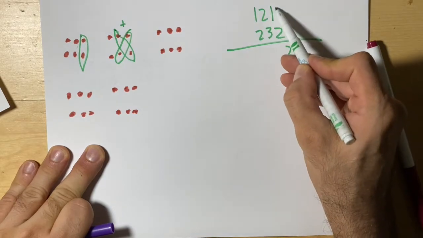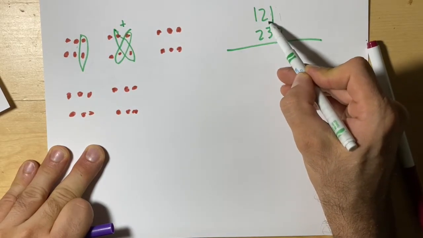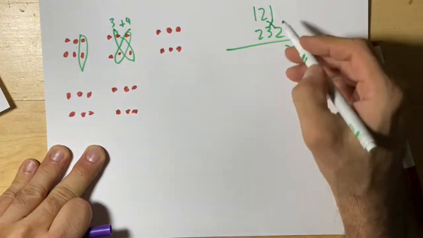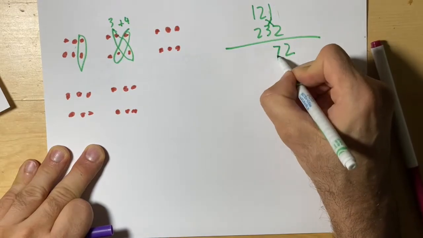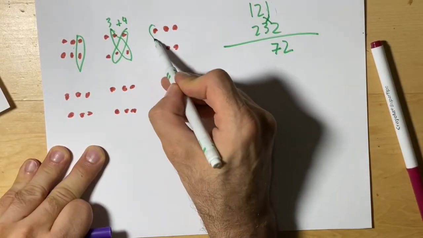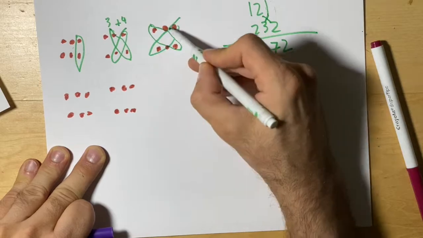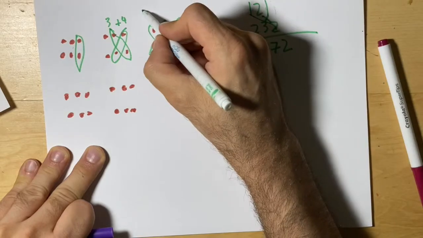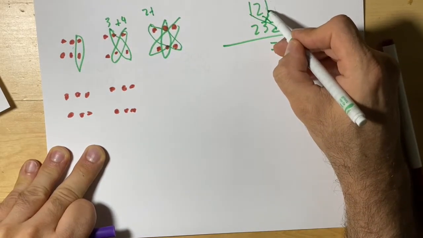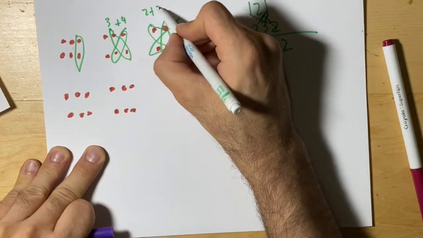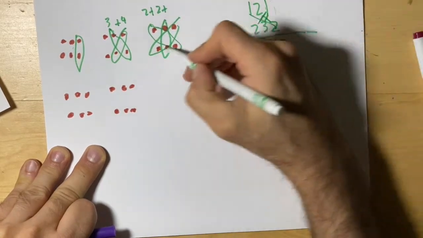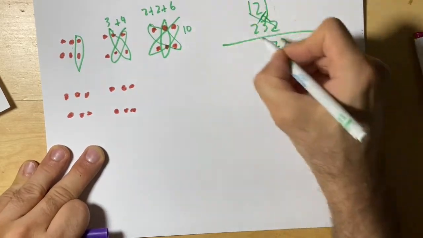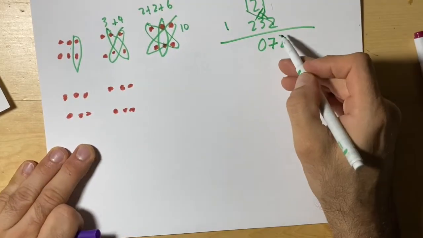So 1 times 3 is 3 plus 2 times 2 is 4. We have 7. Then we do crisscross this way symmetrically, and then we add all 3. So 1 times 2 is 2. We can go crisscross the other way. 1 times 2 is 2. And straight up and down, 2 times 3 is 6. So that's going to be 10. I'm going to carry a 1 over.